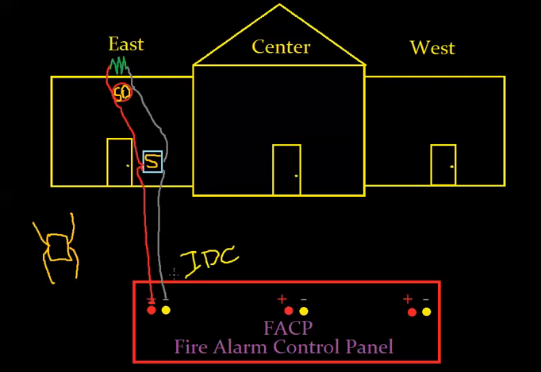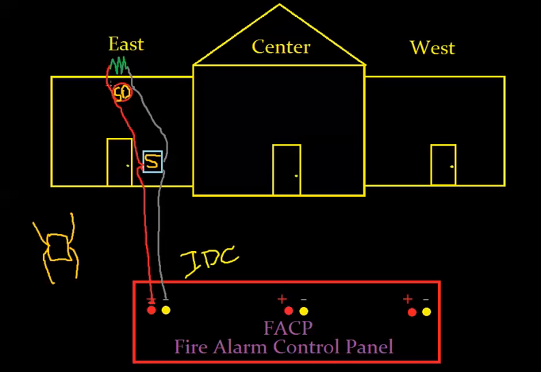The panel is designed to always be drawing a certain amount of current. So in a normal state, the current would be flowing through the negative side here. It's not going through the pull station like we just talked about because it's normally open, right? It's not shorted. This isn't passing through. It goes out. The smoke detector is the same way. The smoke detector will draw a little bit of current, but it's very minimal and the panel can't even really tell it's there. And then it goes through this end-of-line resistor, and this is drawing some current.